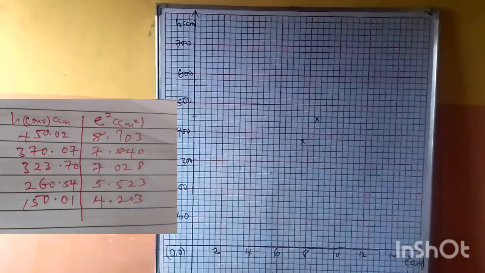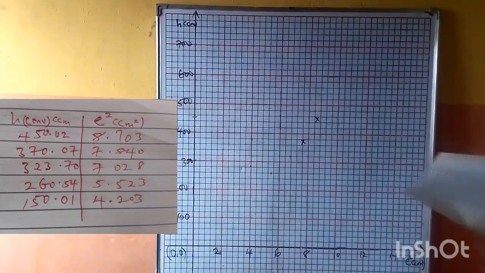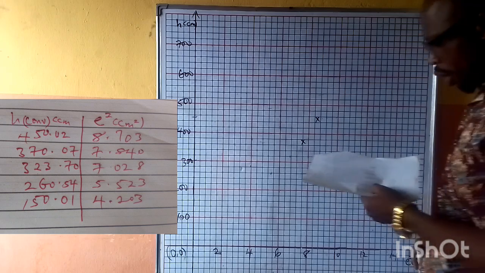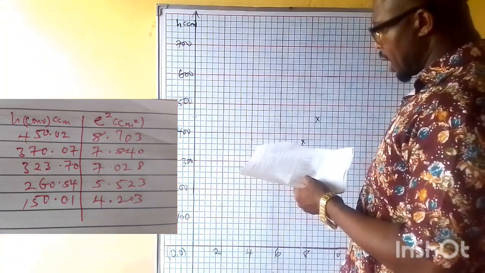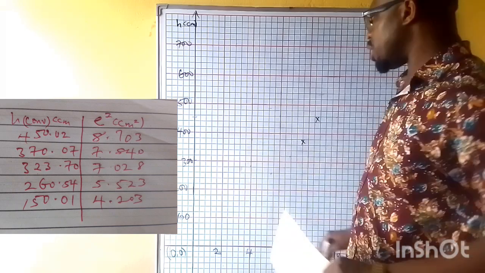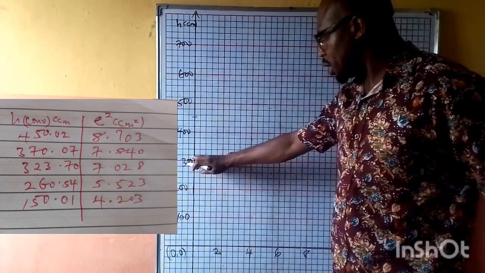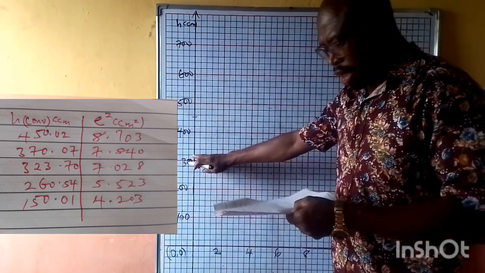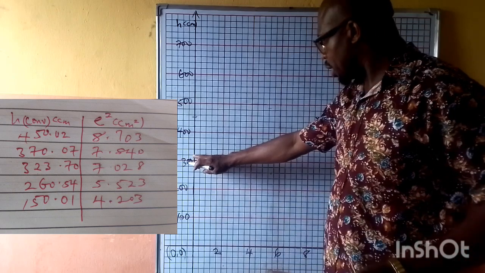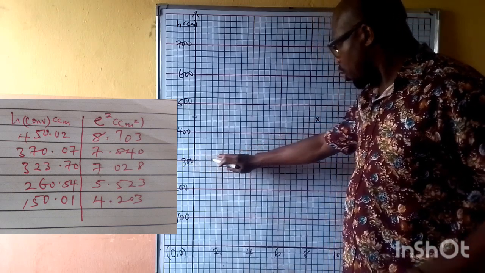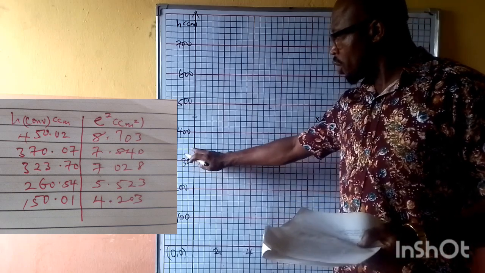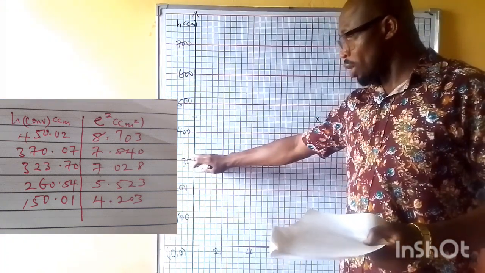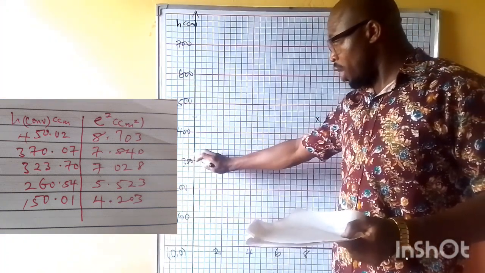Now for the third one, we are plotting 323.7 against 7.0. Now this is 320. So 320 somewhere here. You can plot, because it's not up to 320, it's not up to 340. You can plot 320 or a little bit above 320.